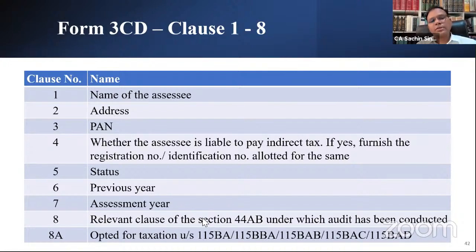Section 44AB says every person carrying on business gets his accounts audited; every person carrying on profession gets his accounts audited. So whether you are carrying on a business or profession, your accounts are required to be audited only to the extent of that business or that profession. Now come to the next question.